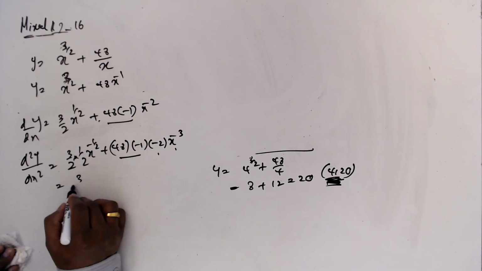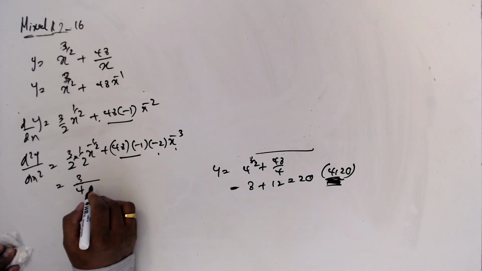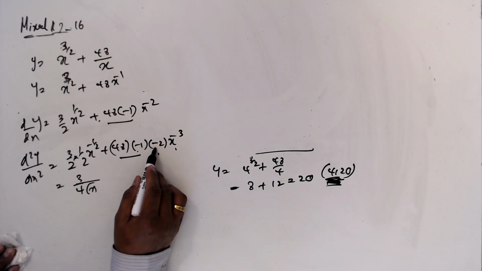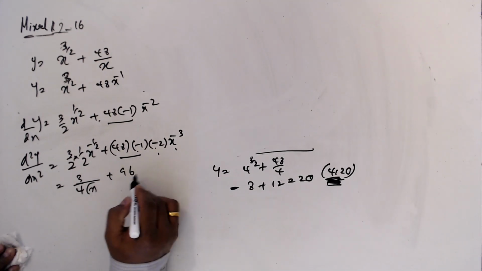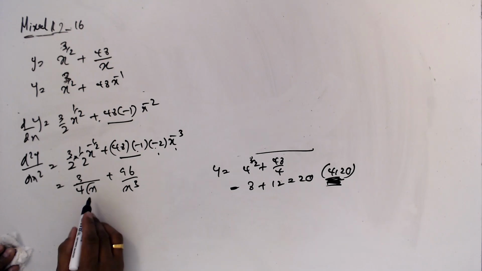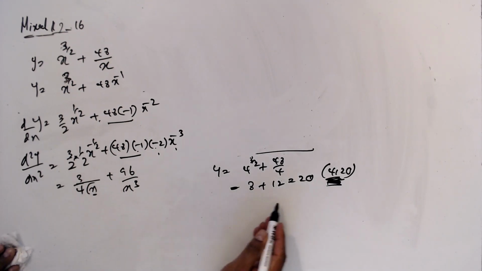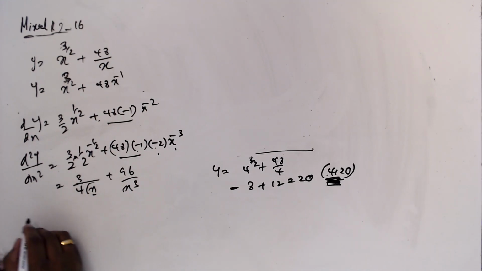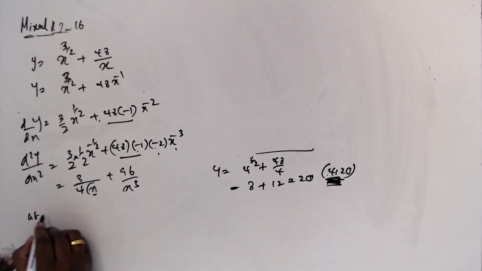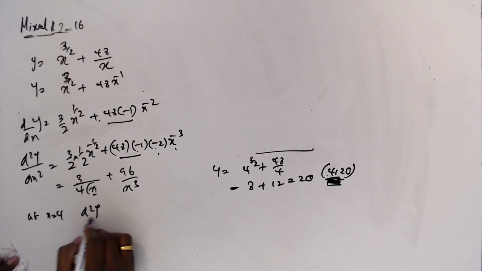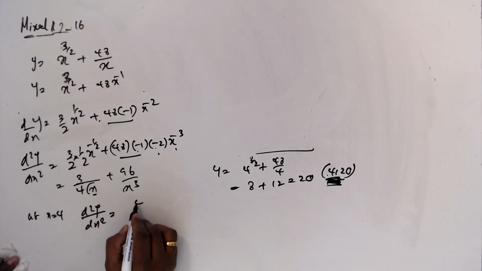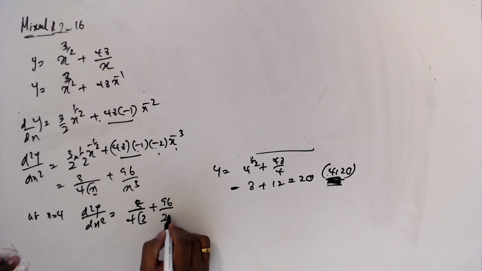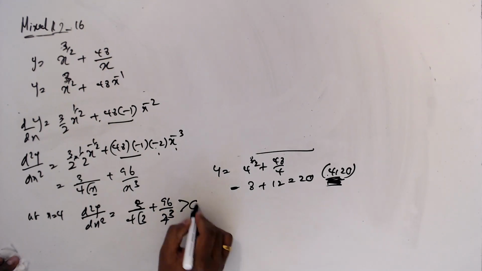So this is 3 over 4 times x^(-1/2), and then plus 96 over x cubed. If this x value is positive, then this whole answer is going to be positive. At x equals 4, d squared y over dx squared equals 3 over 4 square root of 4 plus 96 over 4 to the power 3, which is greater than 0.